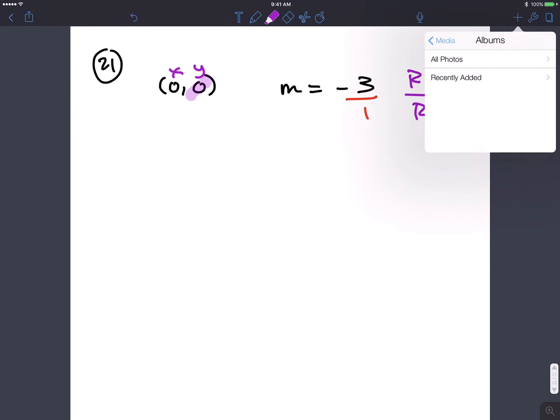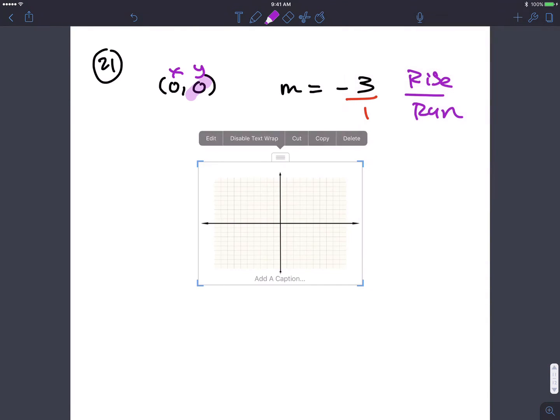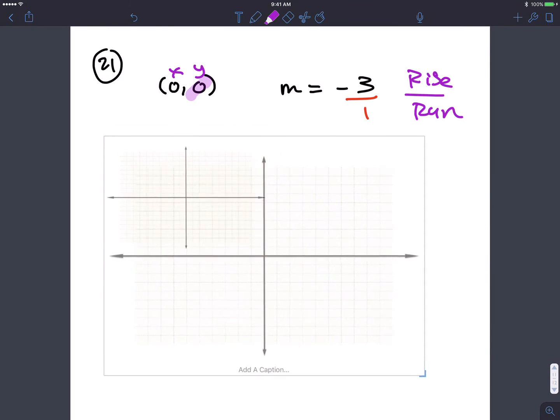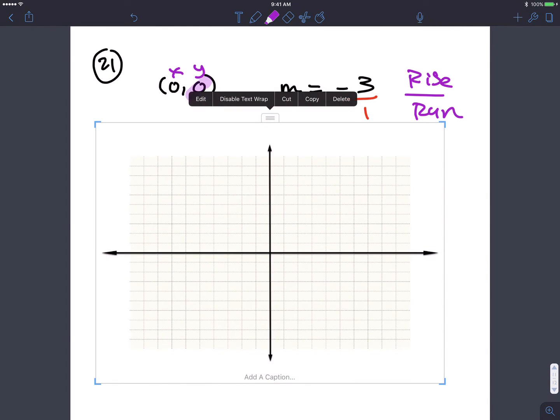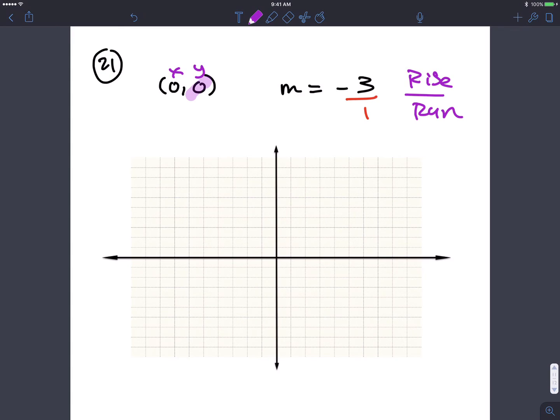So let's get some graph paper. You have the x-axis, the y-axis. We're going to start at the origin. That's the location of our first point. That's the y-intercept. From here, we're going to go down 3 units because our rise is negative. 1, 2, 3.